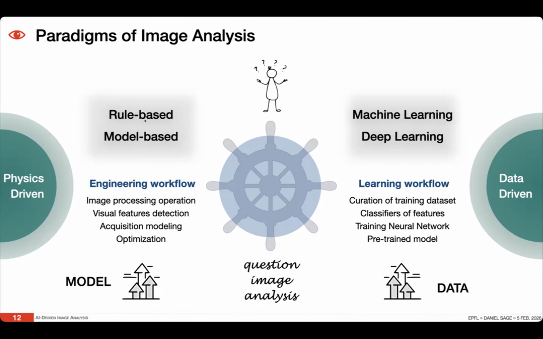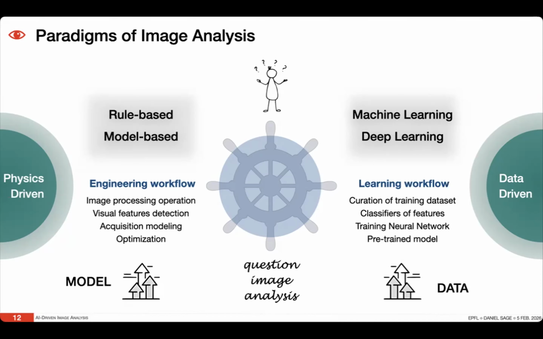What kind of method can you use? Rule-based methods, model-based methods, where a human, an engineer, thinks about the problem and designs a workflow with a succession of image analysis operations to detect visual features. We can also model the acquisition system to have better results. So everything is driven by physics. What we inject as a human is the model, in fact, the modelization of the operation that we have.